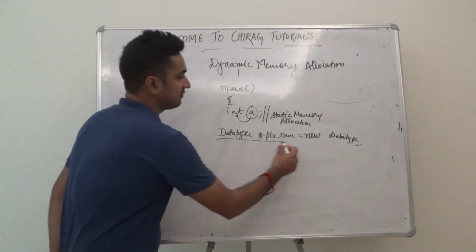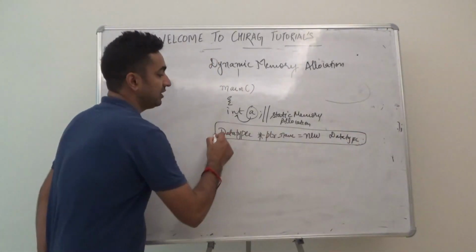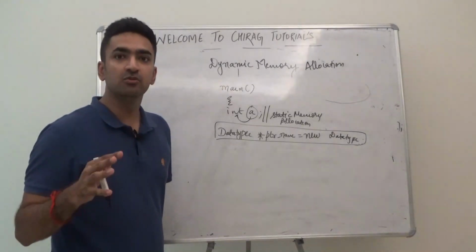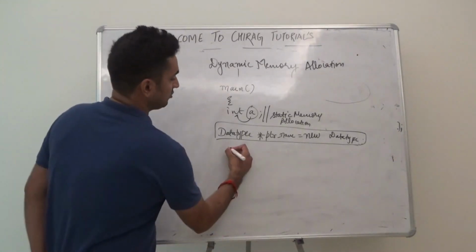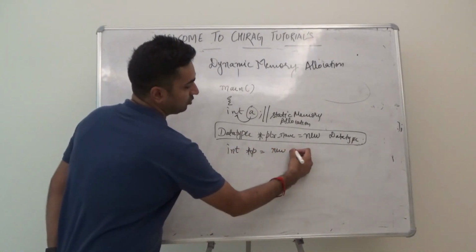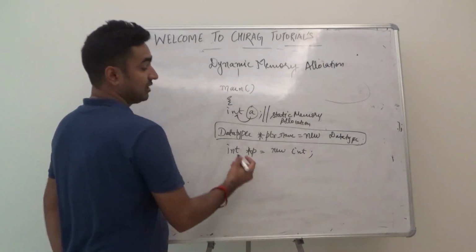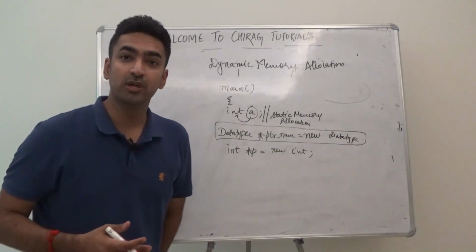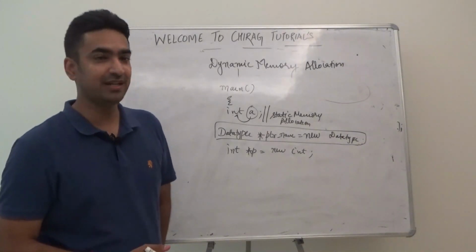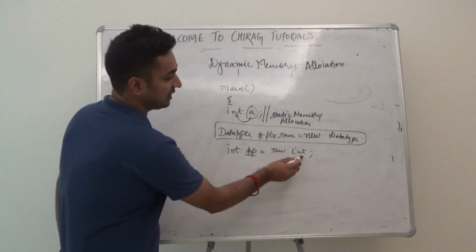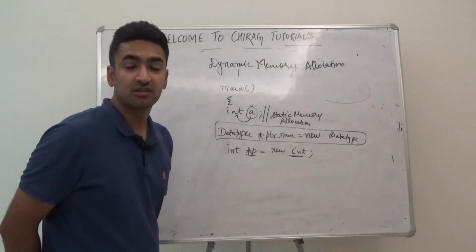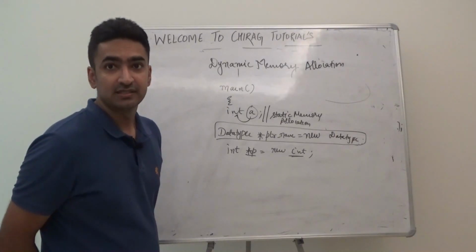This is the syntax for allocating the memory dynamically, where the variable name will not be known. Why? Because we are using it through pointers only. Int star p is equal to new int means the pointer has allocated the memory dynamically, and we have to access the values accordingly.